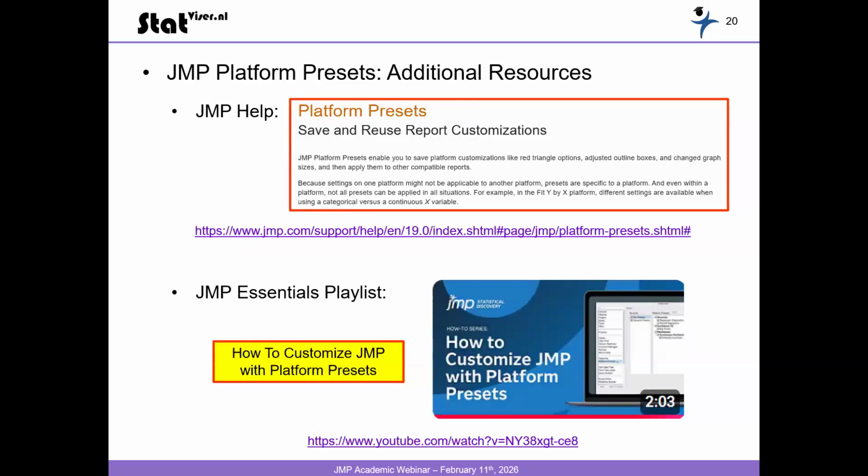Additionally, I've here indicated some resources with further relevant information for customizing JMP with these presets, and you see that both the JMP help and a video on the JMP Essentials playlist can be useful for it.